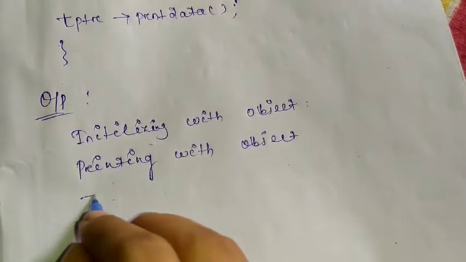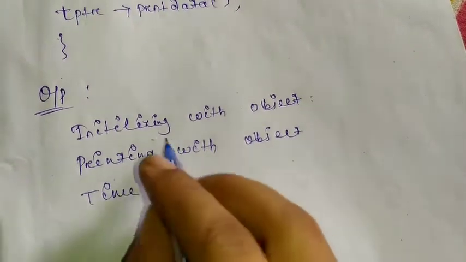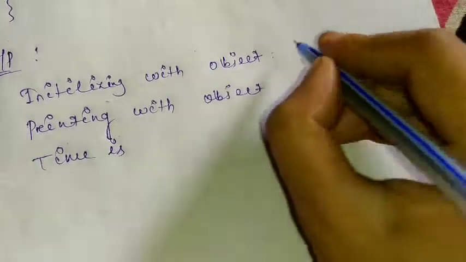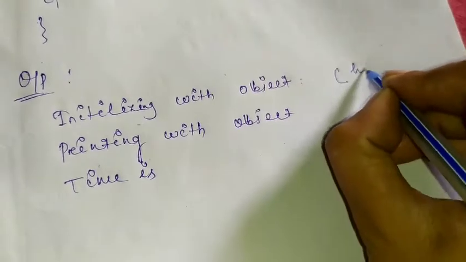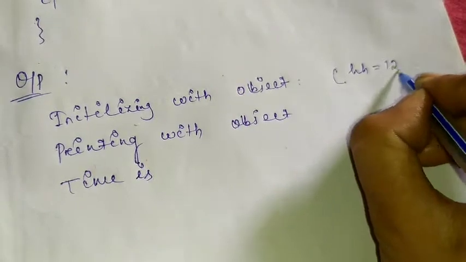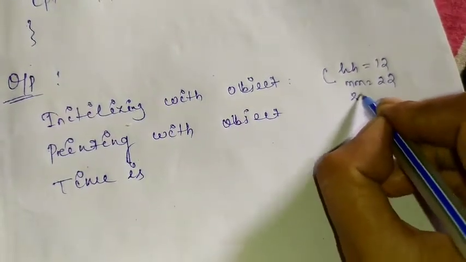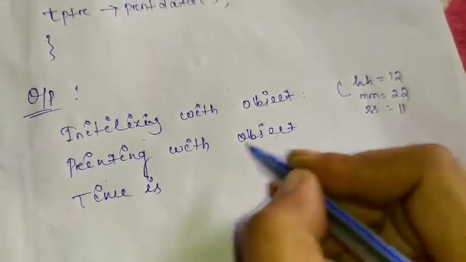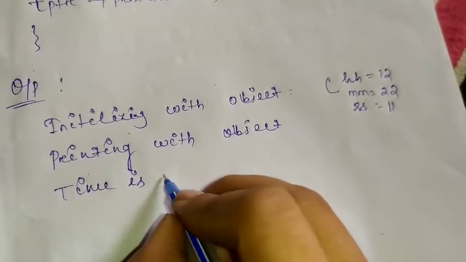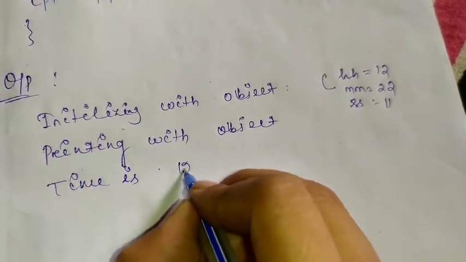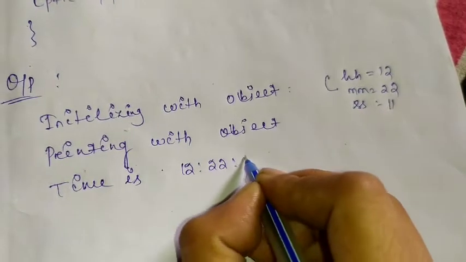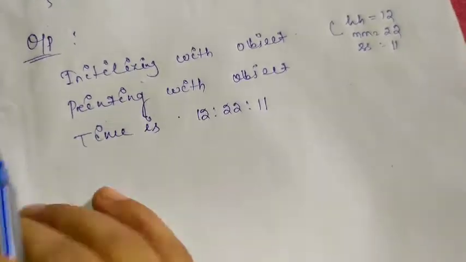So that will print the time. In initialization we initialized the hour to 12, minute to 22 and second to 11. So the time is 12, 22 and 11.